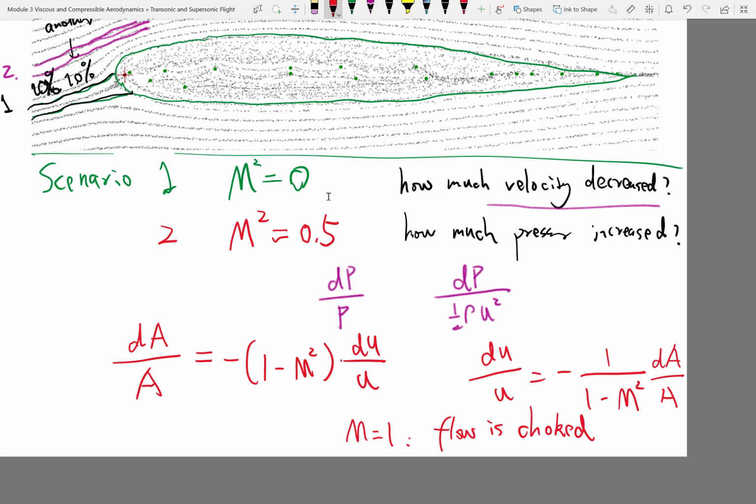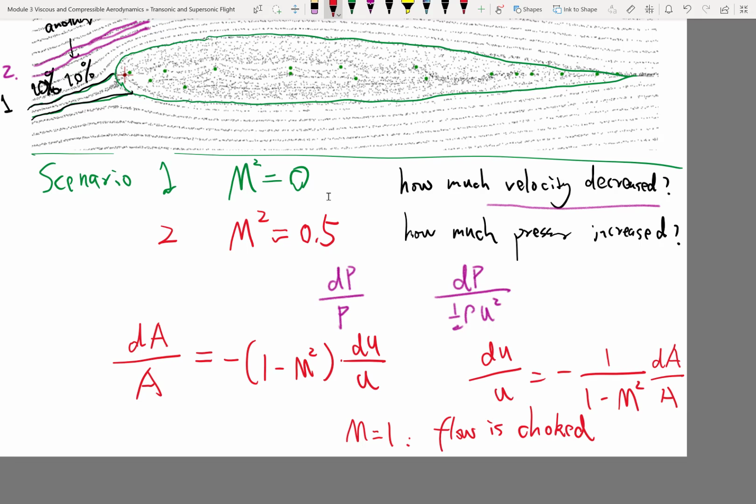No matter if the flow reaches Mach 1 and decelerates or reaches Mach 1 and further accelerates, dA over A downstream of the choking point has to be positive. The area has to increase. In other words, the location of the Mach 1 flow point has to be the minimum flow tube area.